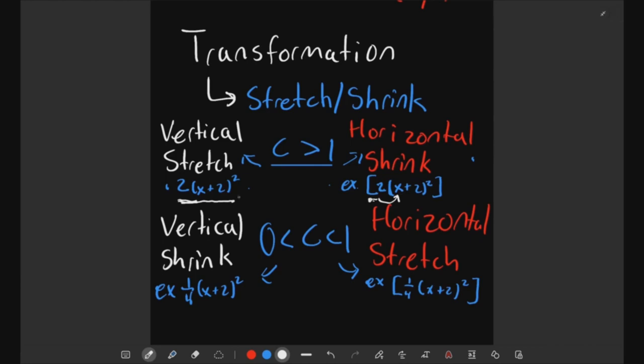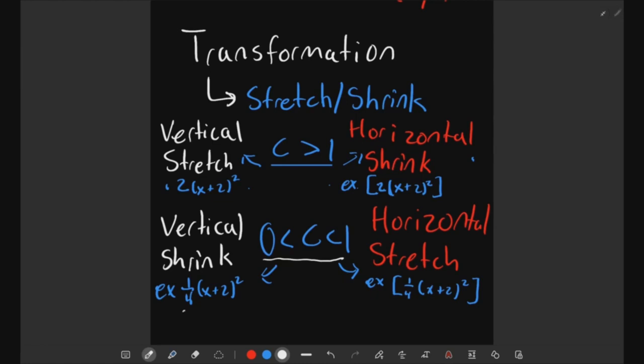So the y value. And you're going to look for the stretch and the shrink. You're always going to look at the outside number. Same goes for the vertical shrink and the horizontal stretch. It would be a number between 0 and 1. In both cases, you just need to look for where it's located.